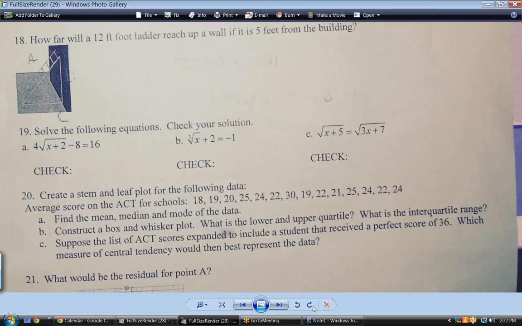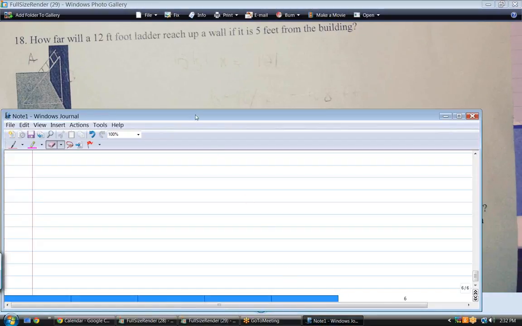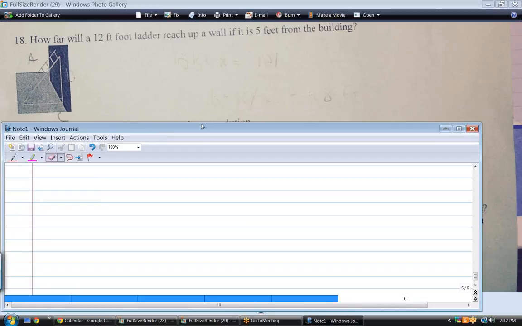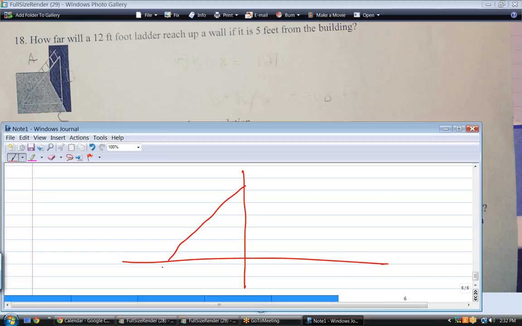Page 17. Newton. All right, this is going to be a trig problem. Whenever they give you a ladder problem, know that it's all about sides and angles. So I'm going to draw the picture. There's the ladder.